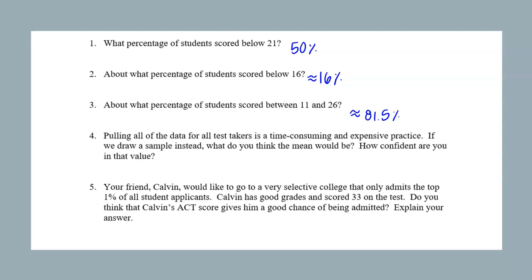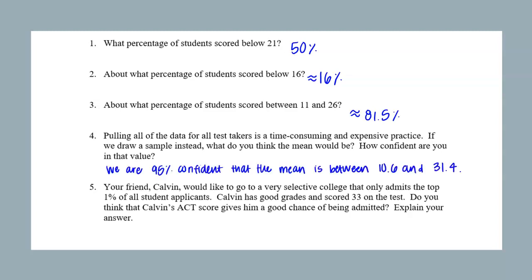4. Pulling all of the data for test takers is a time-consuming and expensive practice. If we draw a sample instead, what do you think the mean will be, and how confident are you in that value? To answer this question in terms of confidence, we are 95% confident that the mean will be somewhere between 10.6 and 31.4.